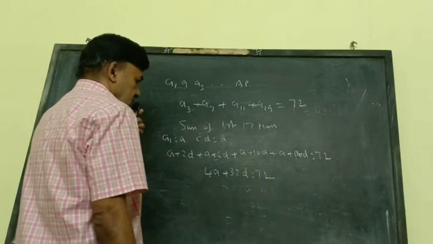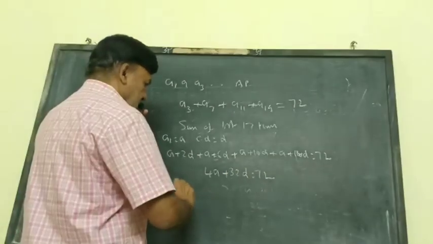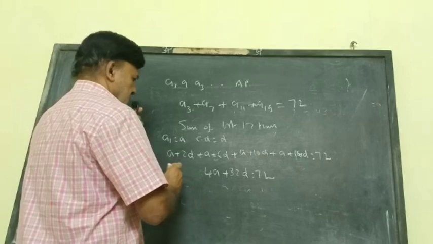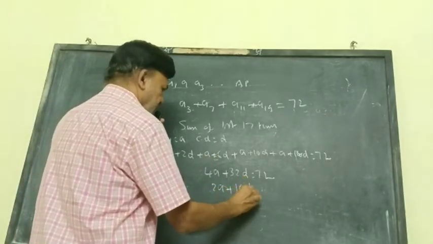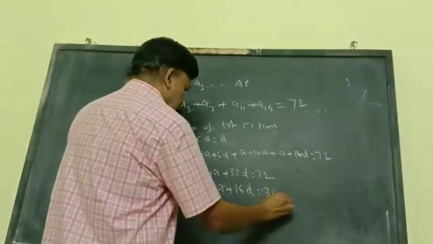Okay, right. You divide throughout with what? Let us say 2. So 2a plus 16d is equal to 36.